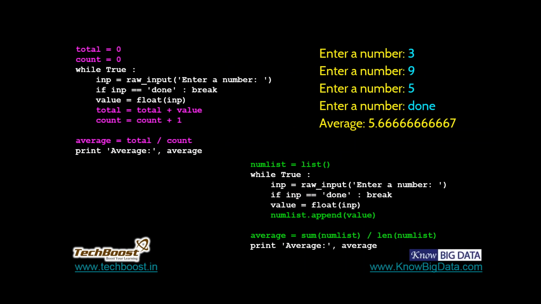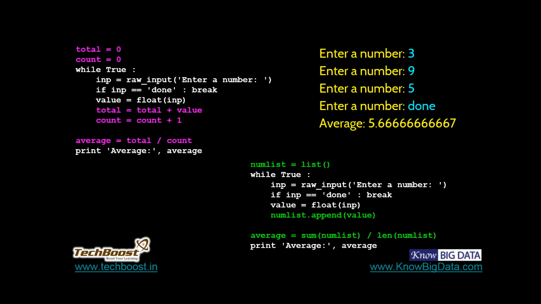Here we have a program, and what it does is find the average of numbers in the list. The first program, which you can see on the top, takes input from the user, a number, and keeps on calculating the total, and keeps on getting the count also. So we have used two variables.